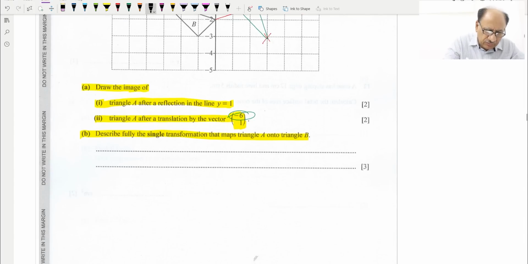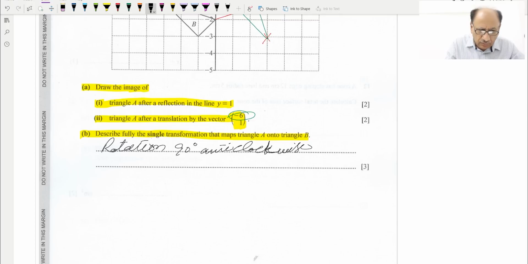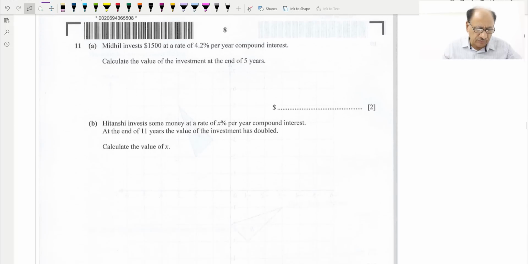So our answer will be: rotation, 90 degrees, anti-clockwise, and center (3, -1). This is a 3 mark question which we have done.